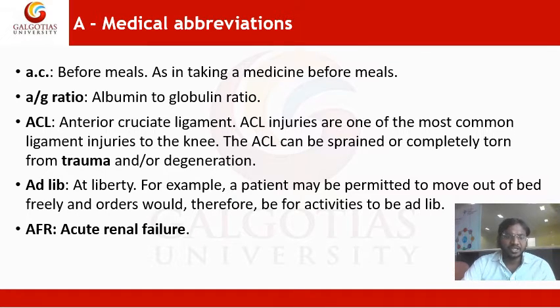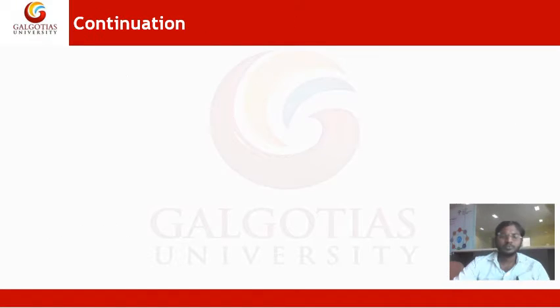Next one, ARF, acute renal failure. Any reason the kidney system or renal system fails, either it is a bacterial infection, a viral infection, or any cancerous or pathological condition, that is called acute renal failure, ARF.